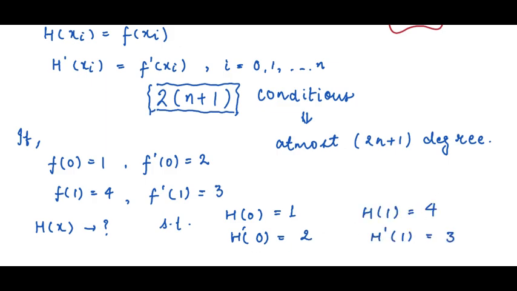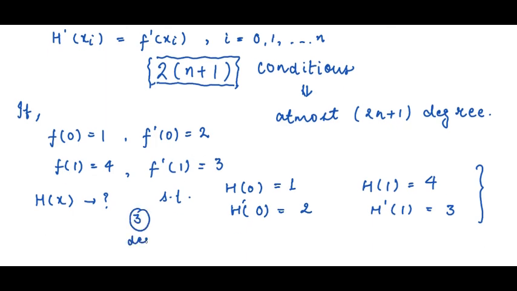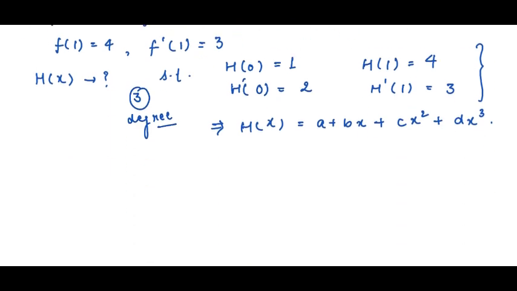Now there are 4 conditions, and therefore we can generally expect a polynomial of degree at most 3. So let H(x) equals a plus bx plus cx square plus dx cube, and we can determine the 4 unknown coefficients from the 4 conditions. And this is the basic principle behind the Hermite interpolation method.